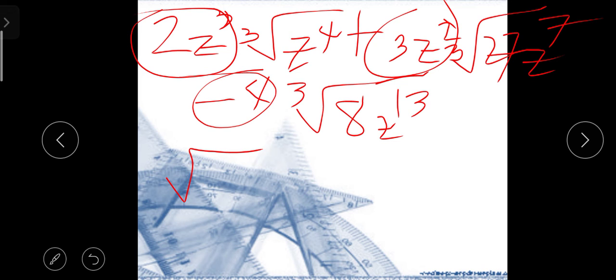Ano na notice nyo dito sa mga nasa loob? Yung isa, naka-raise siya sa 4. Yung isa, naka-raise siya sa 7. Yung isa, naka-raise naman siya sa 13. So, ano kaya yung common factor na pwede nating makuha sa kanilang tatlo? Ano sa tingin nyo?